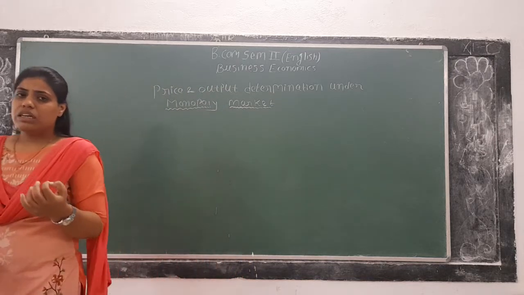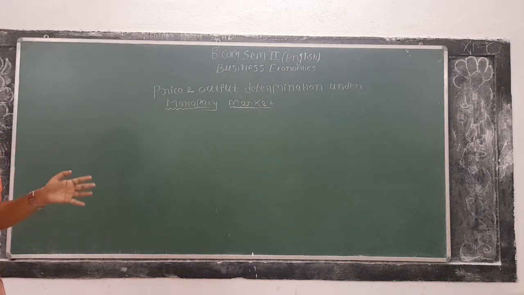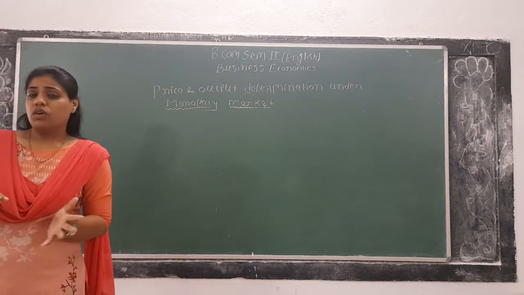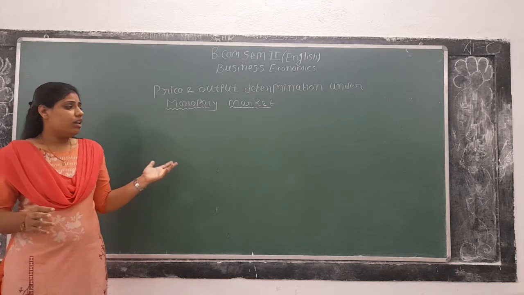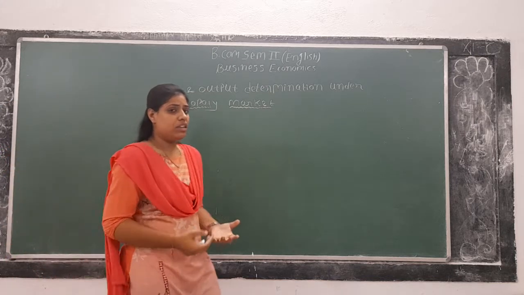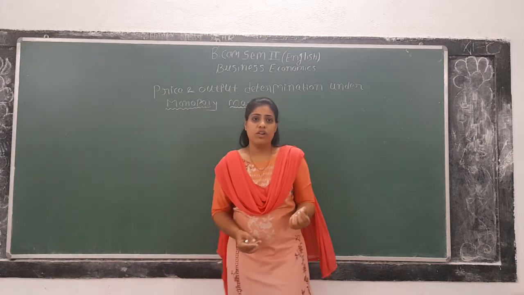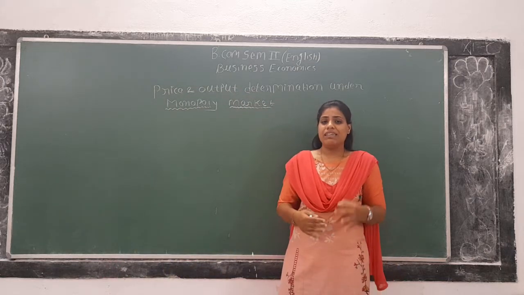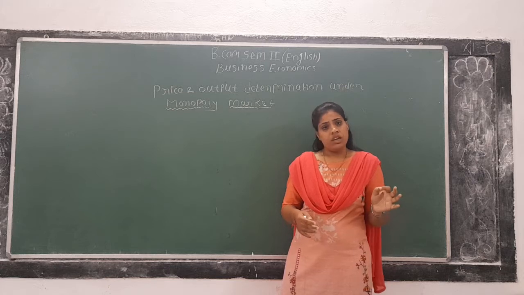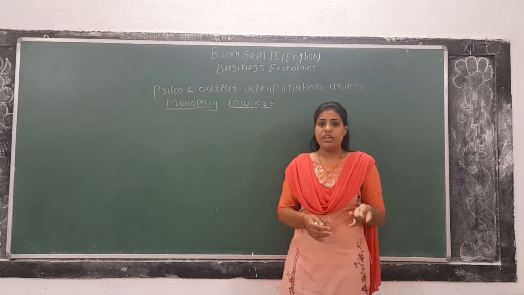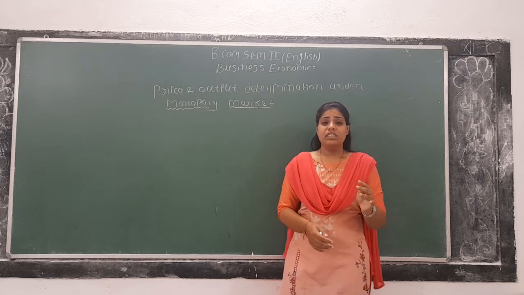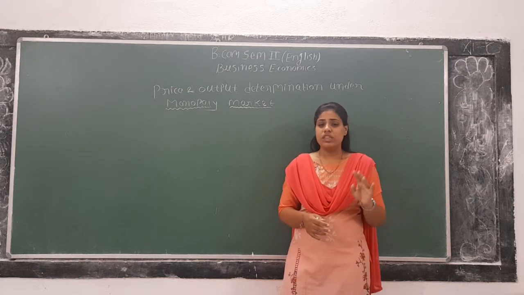Basically, short run is a period whereby all the factors of production cannot be varied, cannot be increased or decreased. Like if you are talking about capital, it is one of the resources which cannot be gathered within a single day. You can employ more labor, you can bring raw material if you have a short period of time like 1 day, 2 days, but still you cannot gain the capital within a single day.